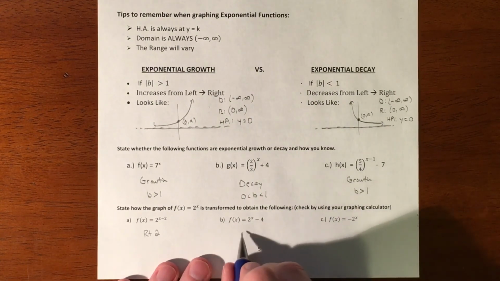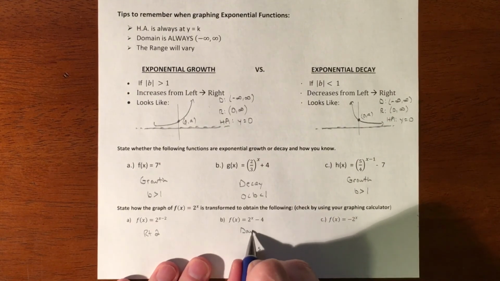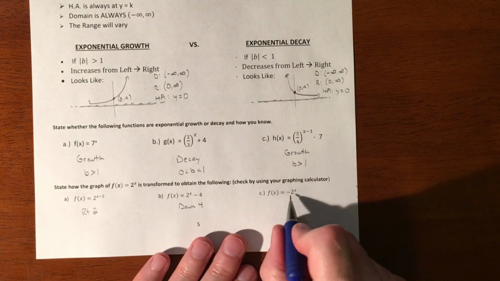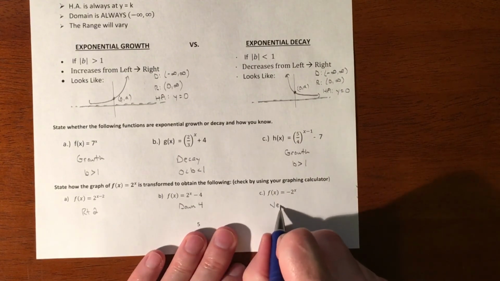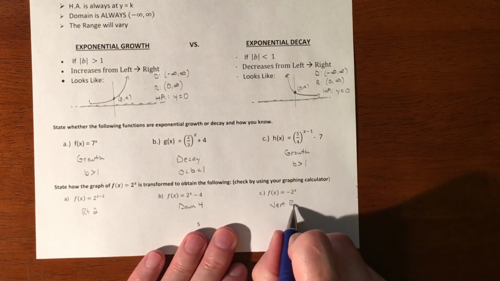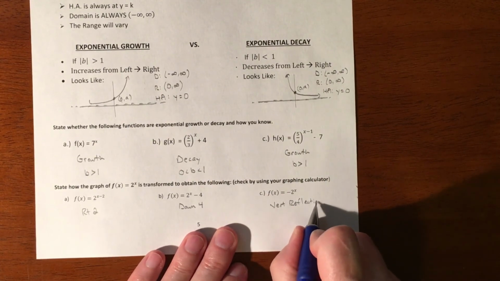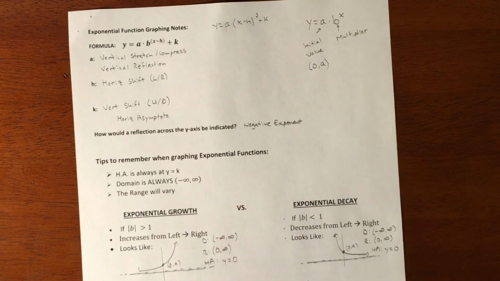This would be shifting your graph down 4. And this would be reflecting your graph, so it's a vertical reflection. Okay, and that is just a little bit of an introduction to what the graphs and what exponentials look like in general.